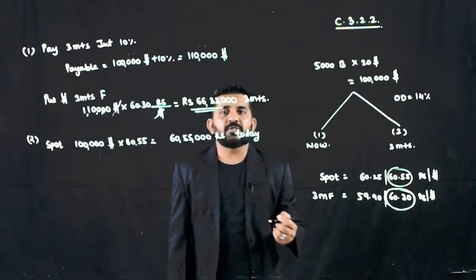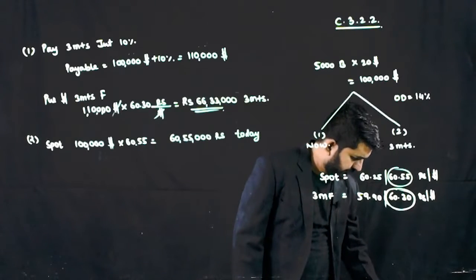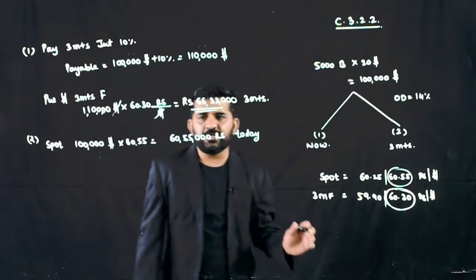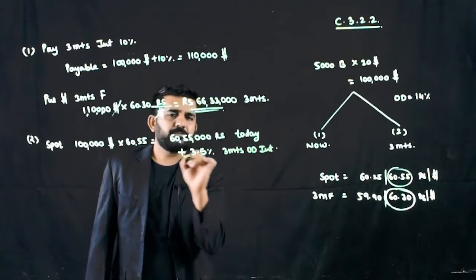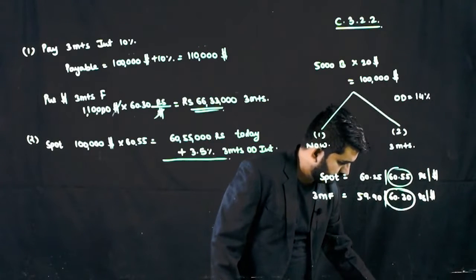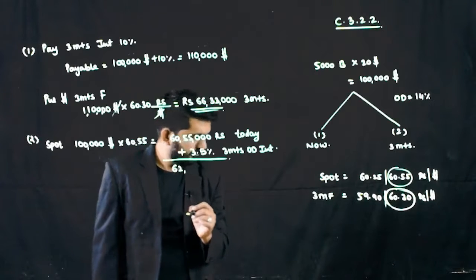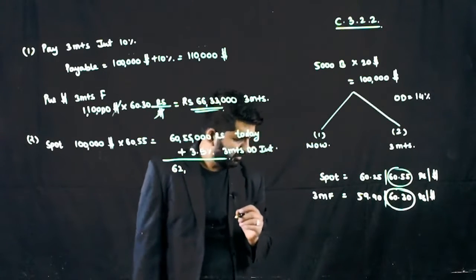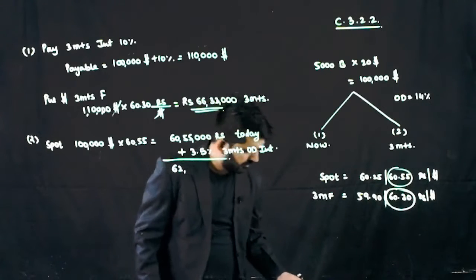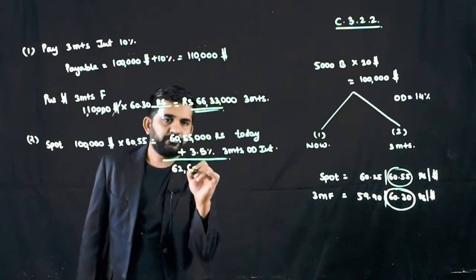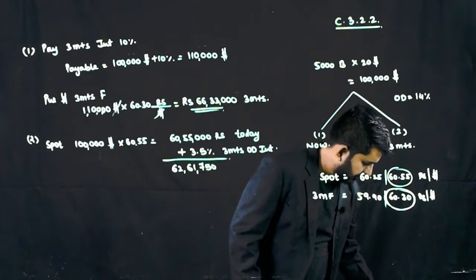So I'll also convert this into after 3 months by charging overdraft interest. What is overdraft rate? 14% per annum will become 3.5% for 3 months. 0.14 divided by 4 is 3.5%.